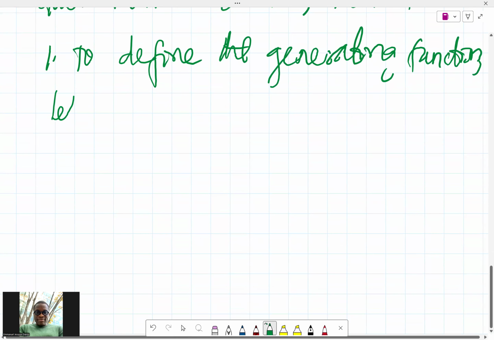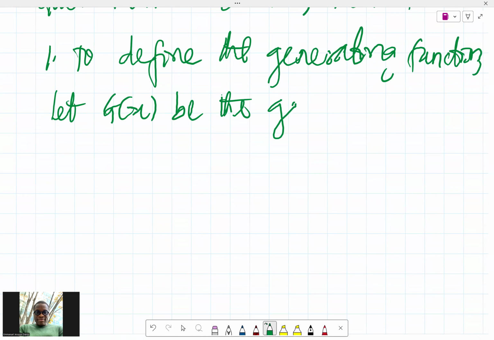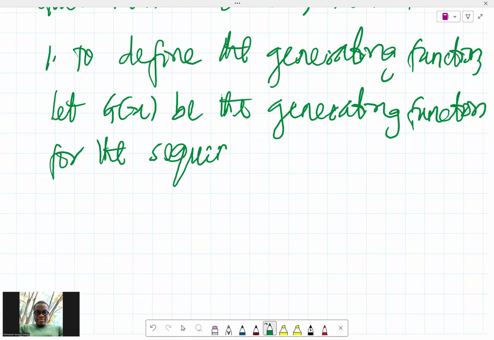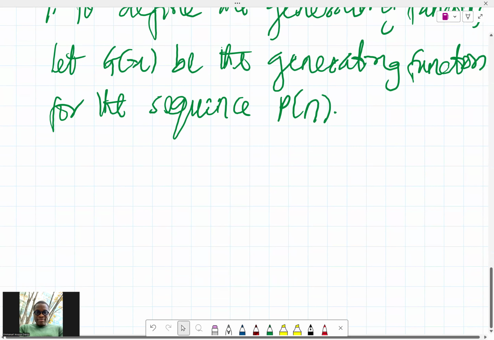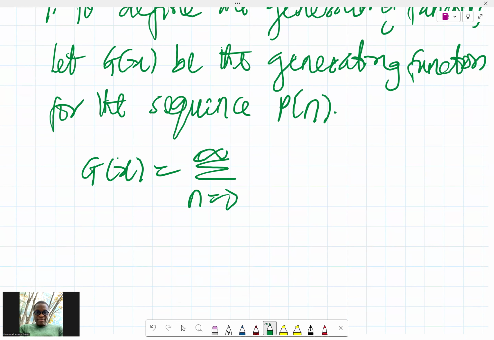Let G(x) be the generating function for the sequence P(n). That means G(x) is equal to the summation from n equals 0 to infinity of P(n) x raised to power n.